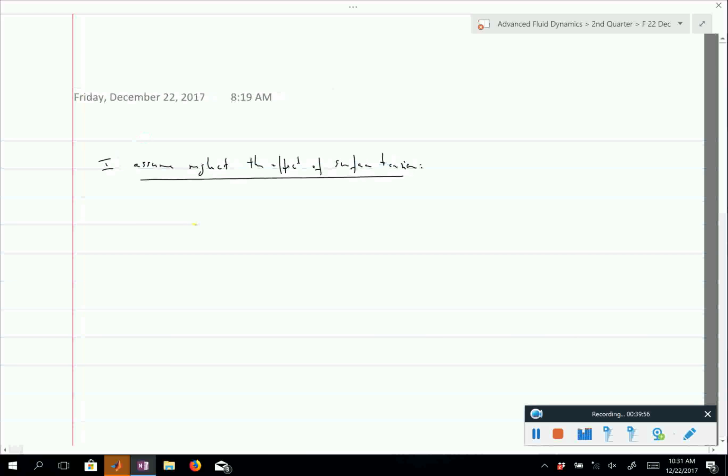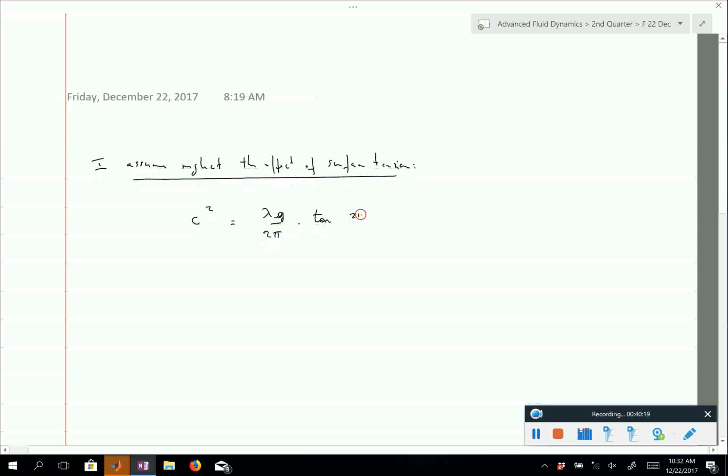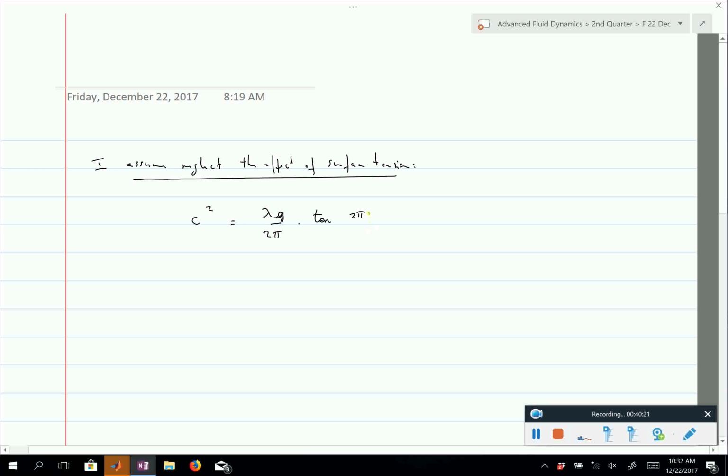I'm going to rewrite our relationship. This is our dispersion relationship, and so that is going to be just lambda g divided by 2 pi times tangent hyperbolic, times, yeah, I have a k, but I don't want this k, so 2 pi h divided by lambda.